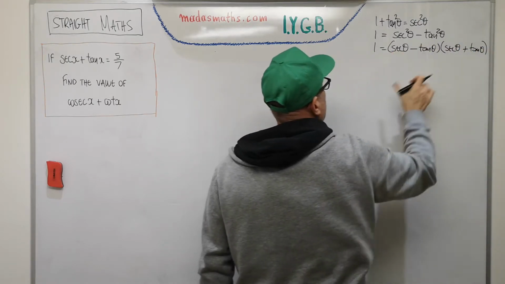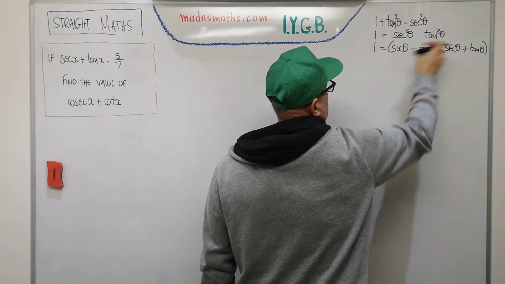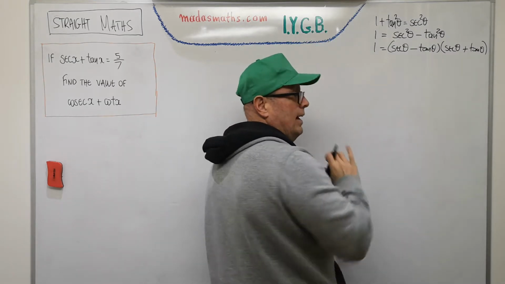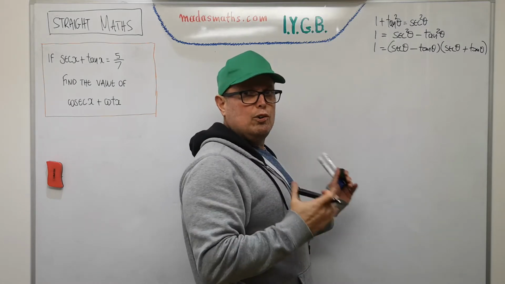These products are 1, so you can say sec theta minus tan theta is 1 over that, and vice versa. There's a lot of things you can actually do with this particular fact. It comes in all sorts of things, not just ordinary trigonometry.